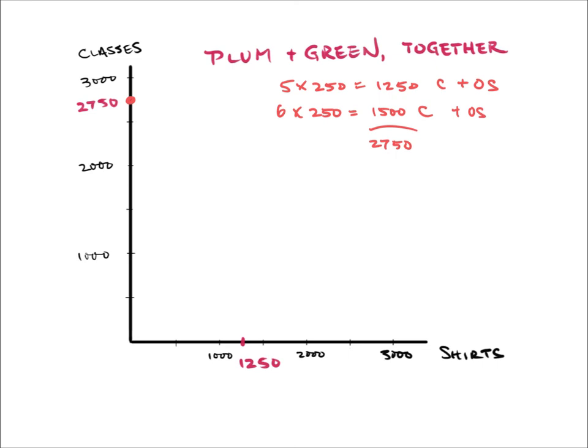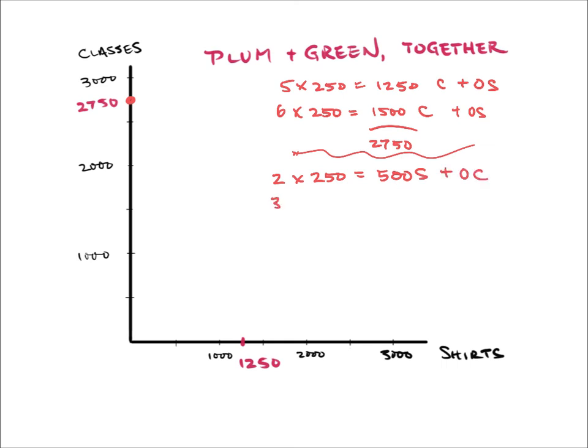The other extreme point, I calculate what would happen if both of them spend all their time sewing shirts. So that was sewing shirts only. That was, what was that? I'm blanking right now. 2 and 3. Yeah. Okay. If Plum spends all of his time making shirts, that's 2 times 250 equals 500 shirts plus 0 classes.